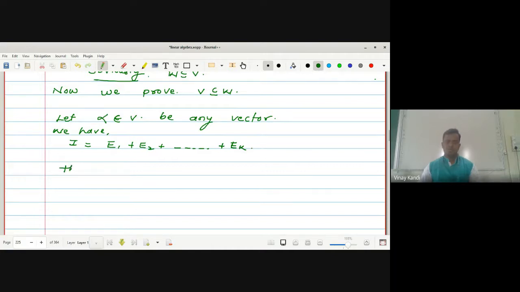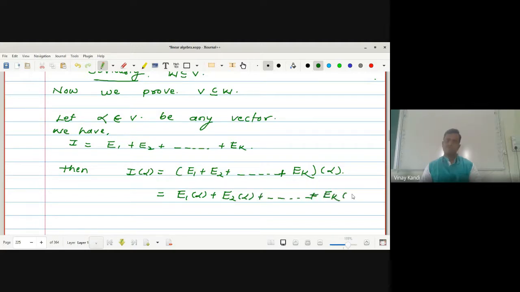So I of alpha is equal to E1 plus E2 plus up to so on EK of alpha, which is equal to E1 of alpha plus E2 of alpha plus up to so on EK of alpha.